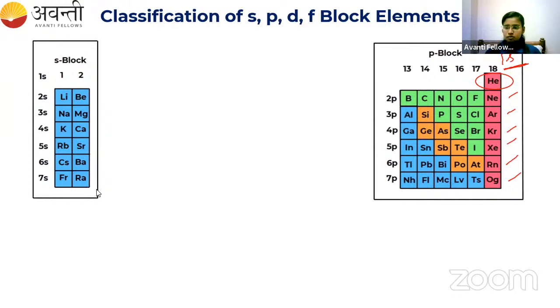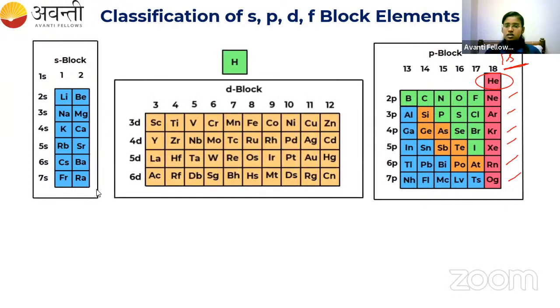Got it? Then we have D block. The group number starts from 3 till 12. From 3 to 12 we have D block elements, and hydrogen's position is the center of the periodic table because it resembles both group 1 as well as group 17.